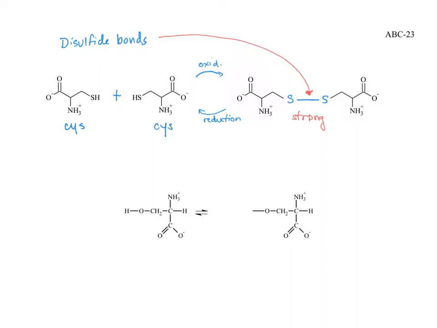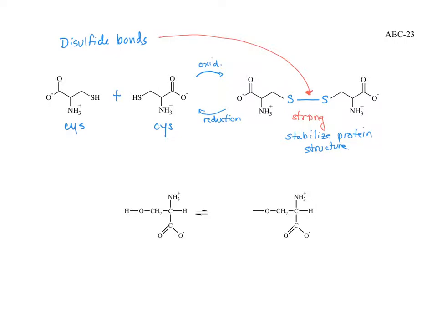But that's not an easy thing to do. And this strong disulfide bond can stabilize proteins or stabilize protein structure. And like I said, we'll see how that works a little bit later in the next chapter. So that's a disulfide bond.